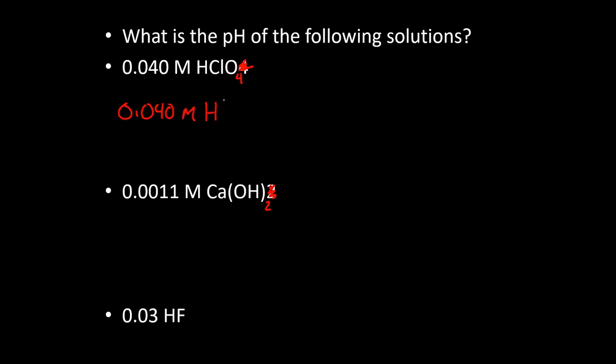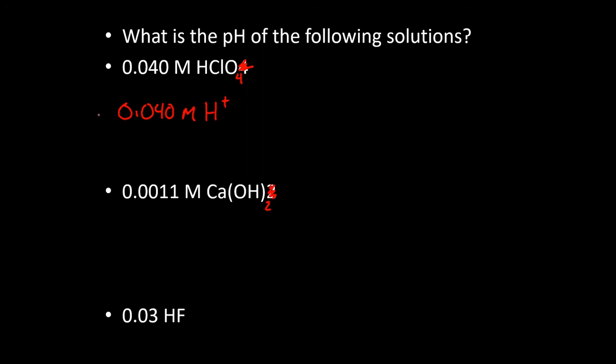All right. So if we have 0.04 molar HClO4, perchloric acid is a strong acid, and so that means, by definition, we will also have 0.04 molar H+.